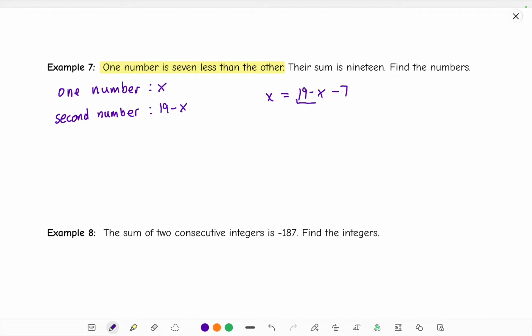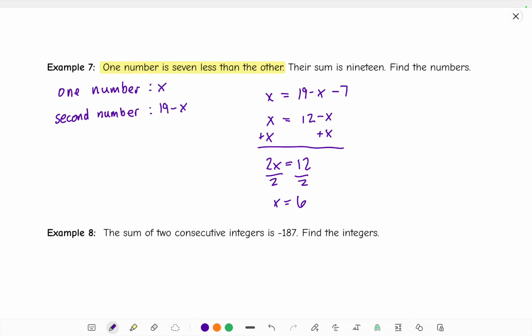Because this is the other number, and this means 7 less than. Okay, well, 19 minus 7, that'll be 12 minus x. Let's add x to both sides. So we get 2x equals 12. Divide by 2, divide by 2. x is 6.